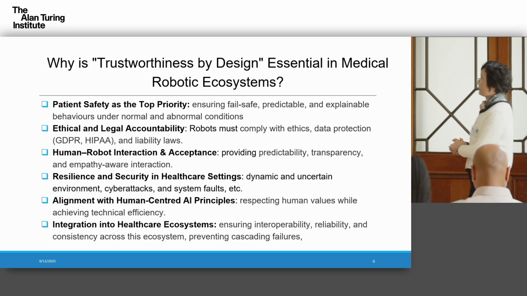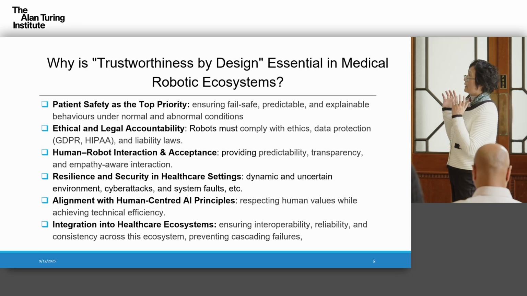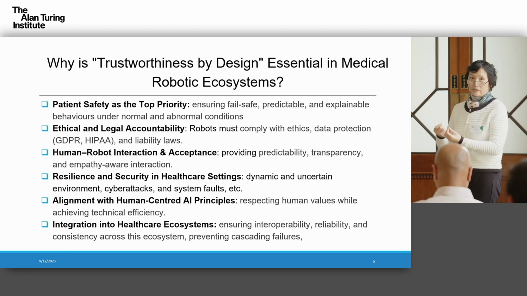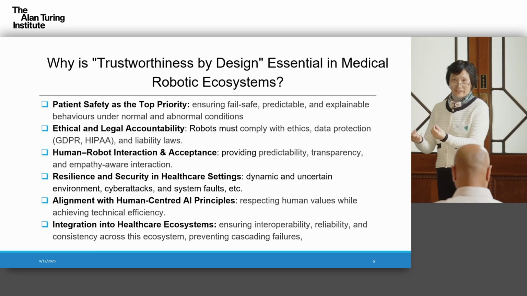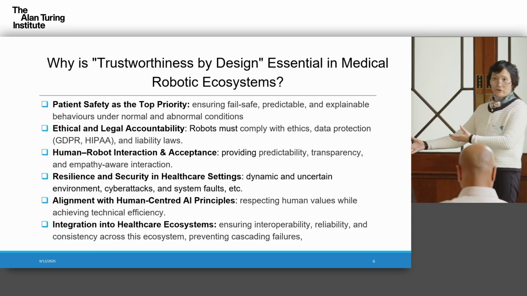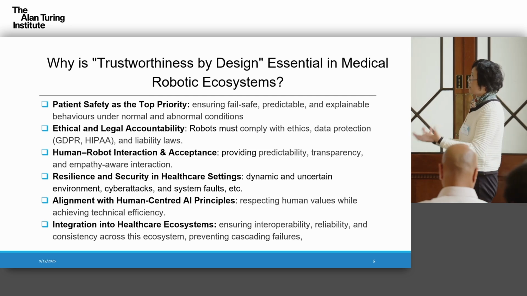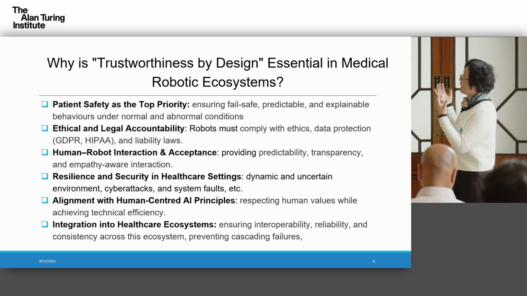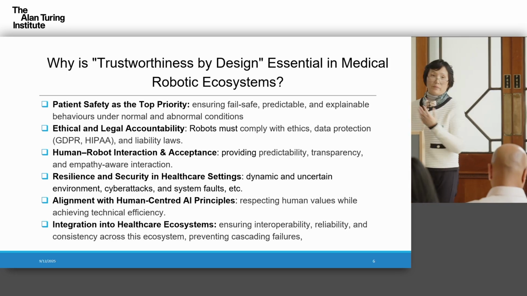This is the first thing. The second thing is that we need ethical and legal accountability. At the moment, surgical robots are operated by surgeons, but in the future we may have autonomous robotic systems. How can we make the robots comply with ethics and data protection, such as GDPR and HIPAA, and the liability layer?